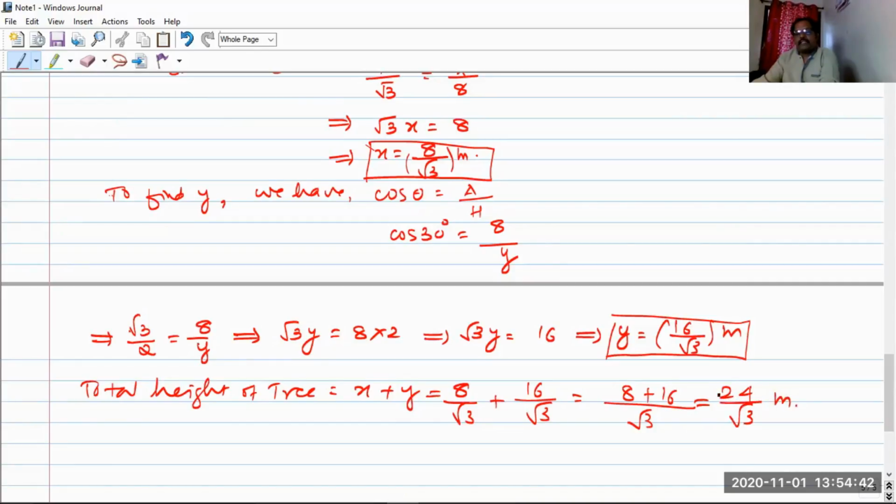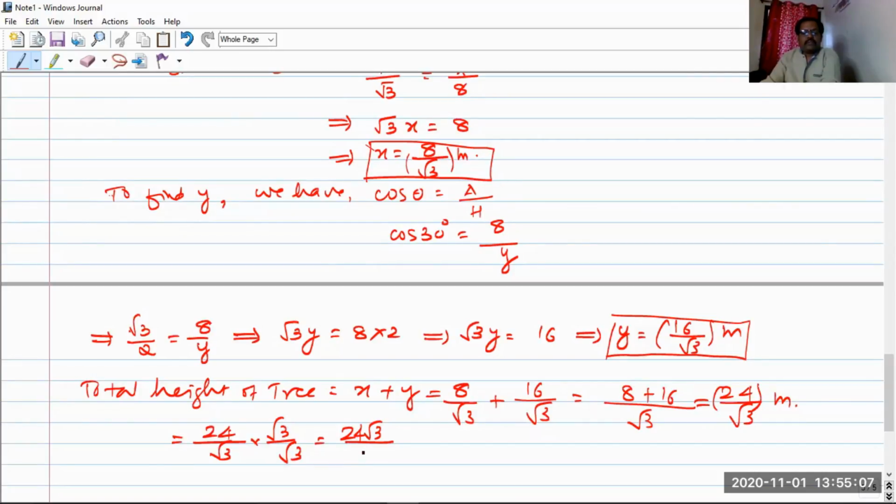If you want to simplify it, just as I told you, we can rationalize this. Means we need to multiply and divide by that root term, you can say the radical number. So we multiply and divide by root 3 here. This will become 24 root 3 in numerator, and denominator is root 3 into root 3, which is root 3 square.